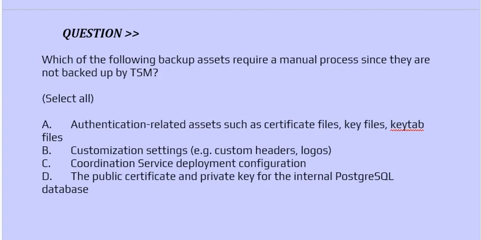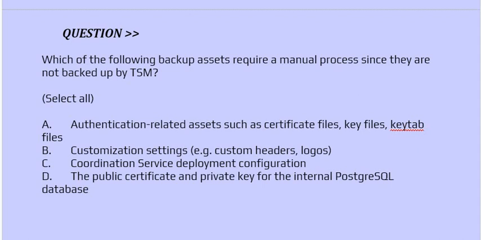Next question is, which of the following backup assets require a manual process since they are not backed up by TSM? Select all. Option A. Authentication related assets such as certificate files, keytab files. Option B. Customization settings.